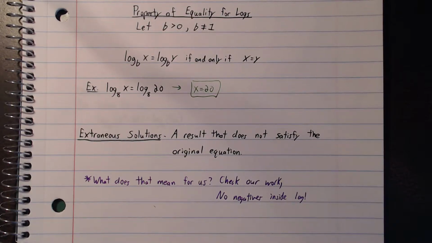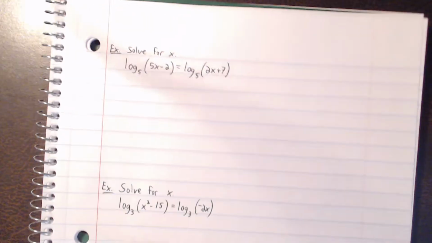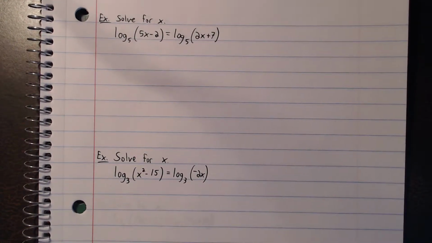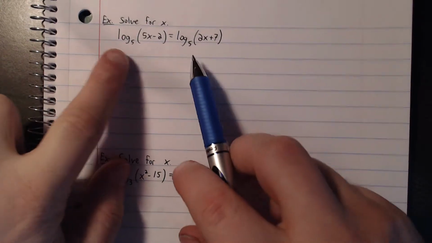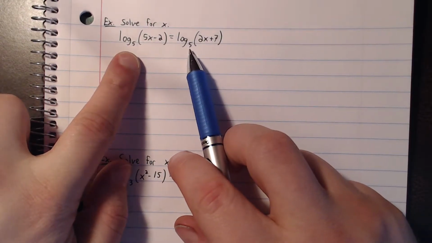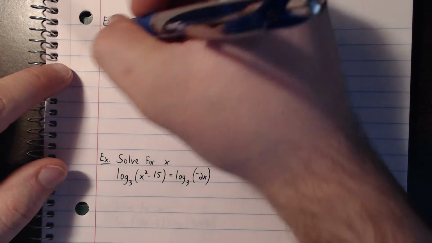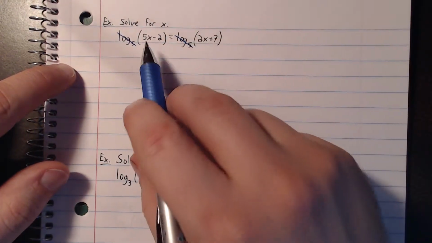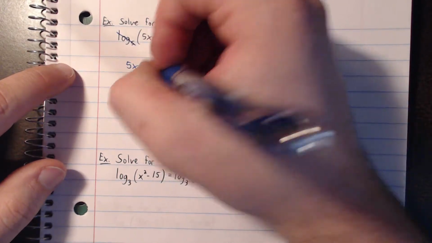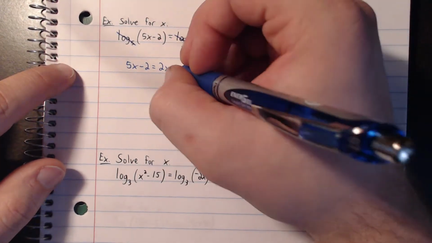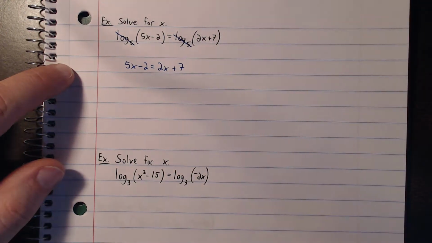So let's take a look at a couple of problems that match this property of equality for logs. Here you notice the first problem, log base 5 of 5x minus 2 equal to log base 5 of 2x plus 7. We have the same log base. Because we have that, we can basically just eliminate it and work with the insides. 5x minus 2 is equal to 2x plus 7, and now we can start solving.